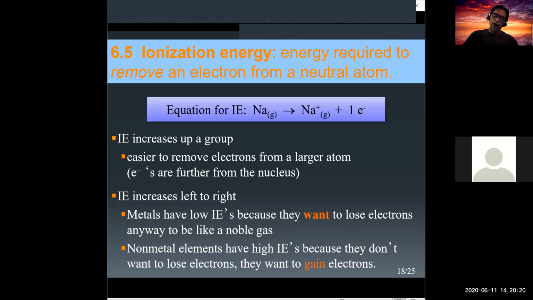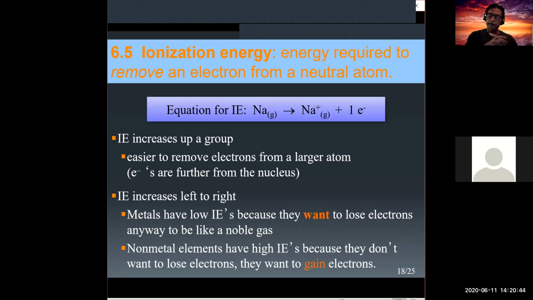And so as you go across the periodic table, remember where we had metals, nonmetals, and metalloids, the whole left side is made up of metals. So when we go from left to right, the ionization energy increases, because now we start getting into the nonmetal section, and they want to hold on to the electrons tightly.